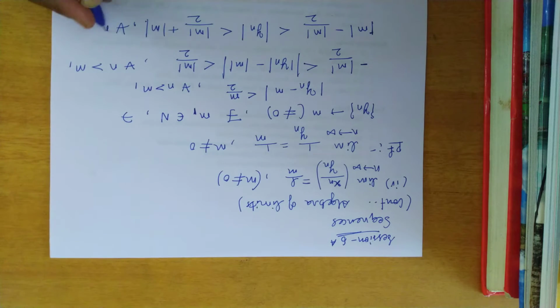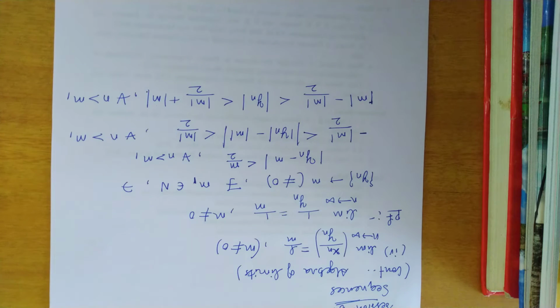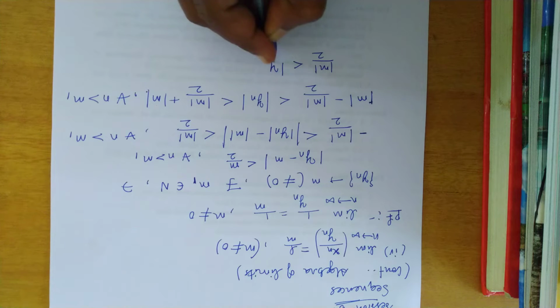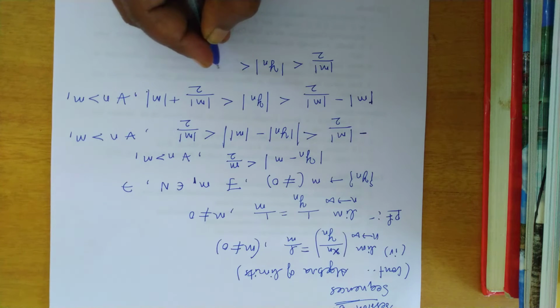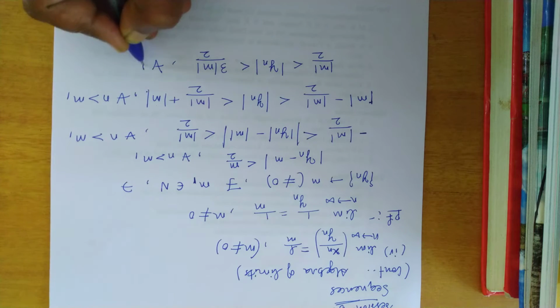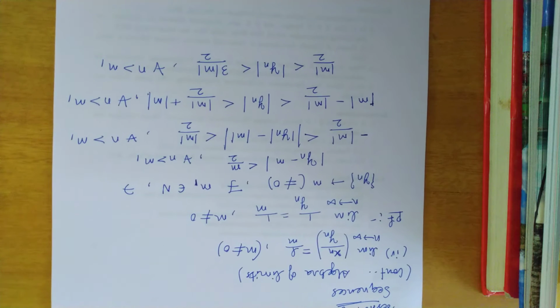This is again for all n greater than m1. So we get modulus of m by 2 is less than modulus of yn, and here it will be 3 modulus of m by 2. This is for all n greater than m1. So we were able to write it like this.